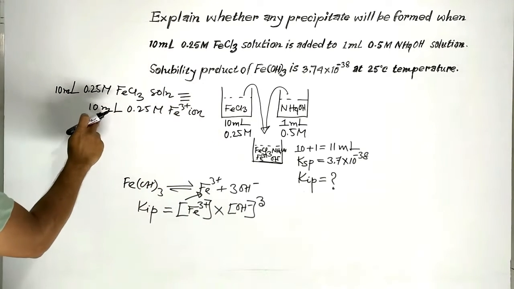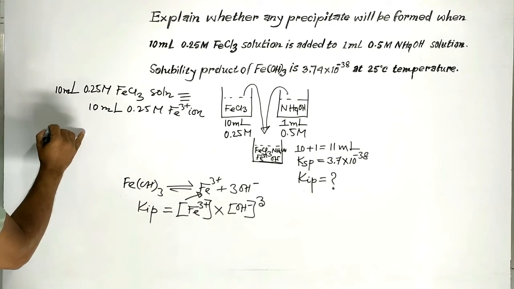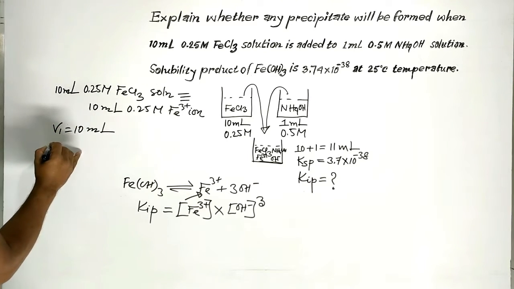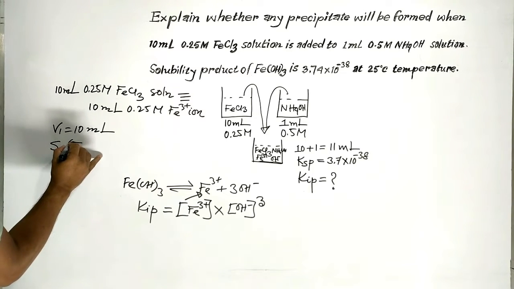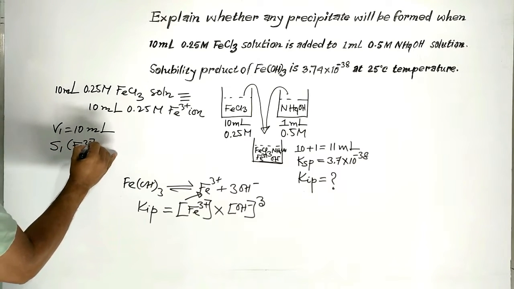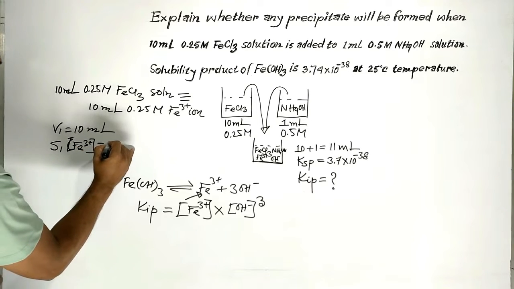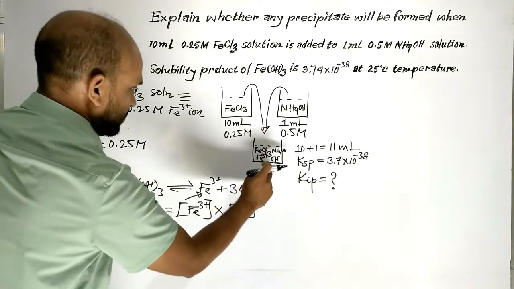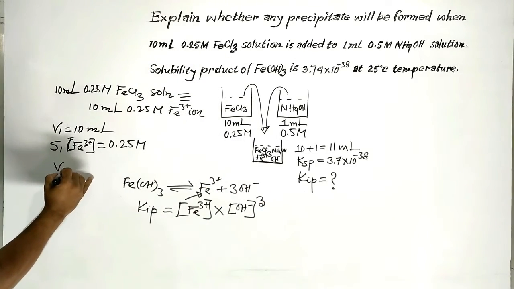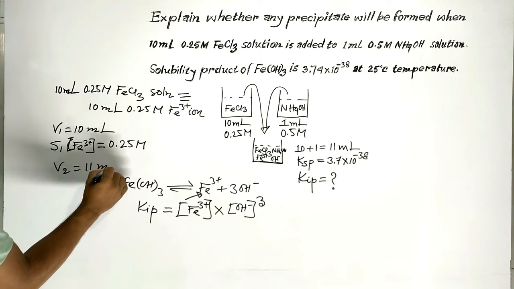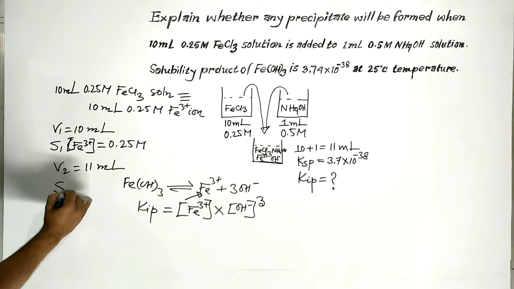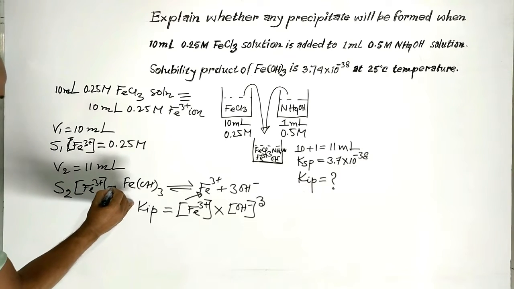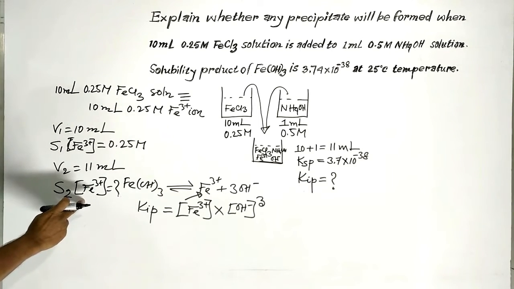That is, before mixing, the volume is 10 milliliter and the strength of ferric ion is 0.25 molar. After mixing, the volume will be 11 milliliter and the strength of ferric ion we have to calculate.